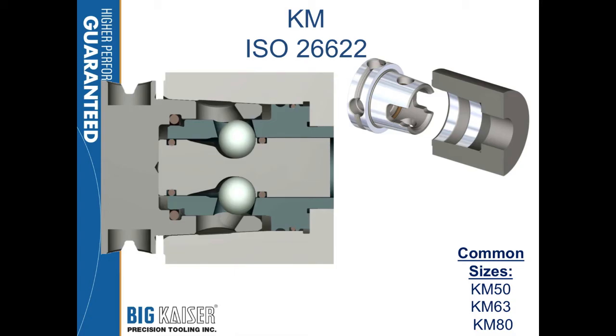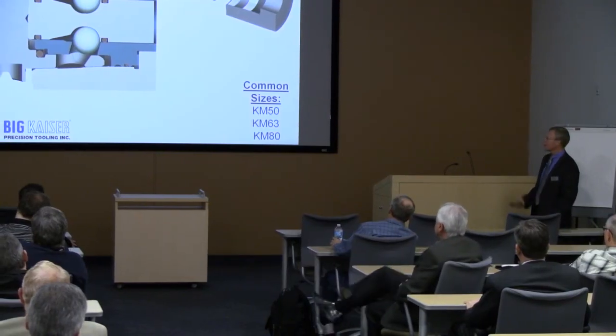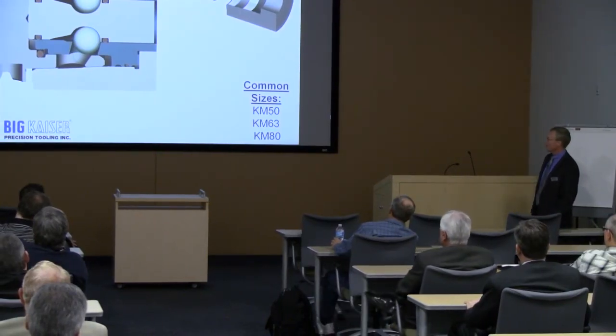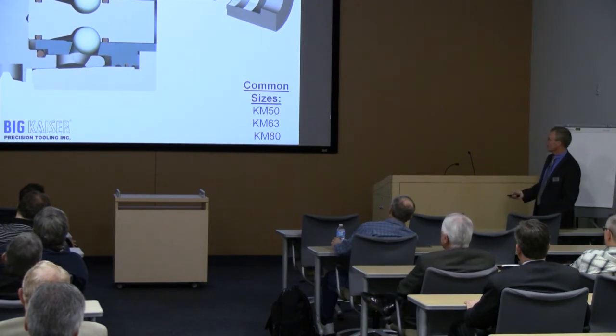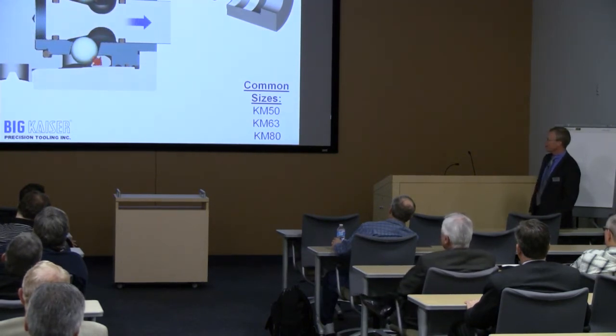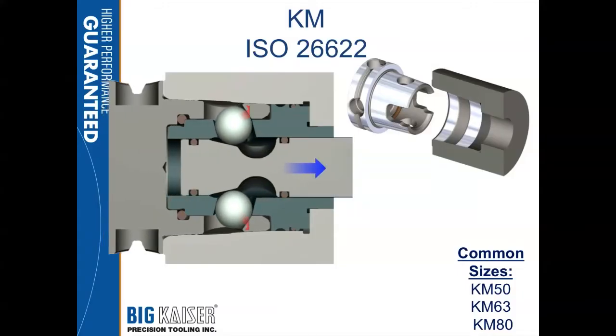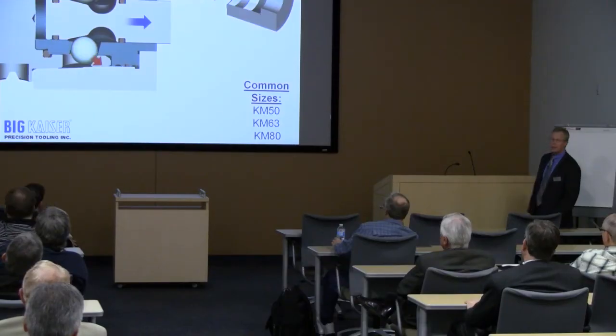KM is also a standard. One standard, the other one standard, they're nearly the same standard number, just one off. Looks nearly the same as HSK. Clamps a little bit differently in that you have balls which engage into the taper and then into the spindle to pull it in.